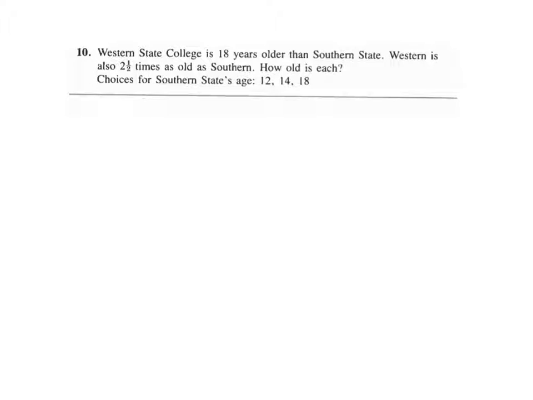How old is each? Now, notice again, in my domain here, the choices for Southern State are going to be 12, 14, and 18. So right away, I am going to decide that Southern State, and I'm just going to put Southern, is going to be my x.